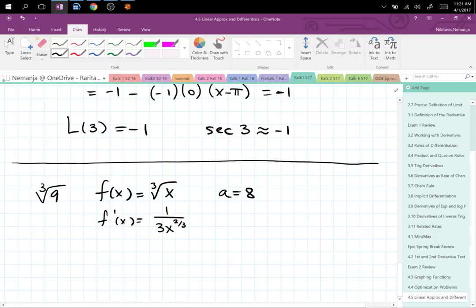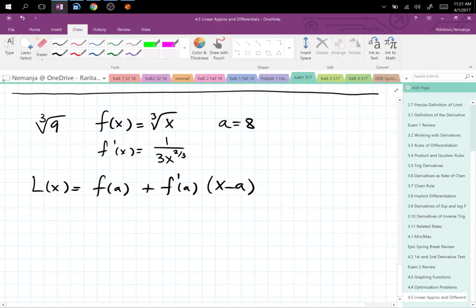Awesome. So let me write the linearization. It's going to be f of a plus f prime of a times x minus a, and I'm just going to plug everything in. So L of x: f of a is cube root of 8, plus the derivative computed at 8, which is this, and then x minus 8.